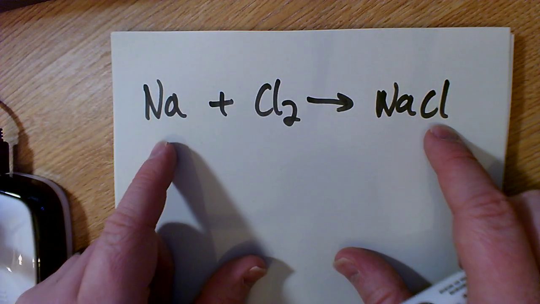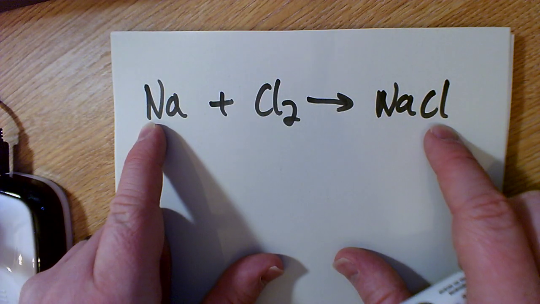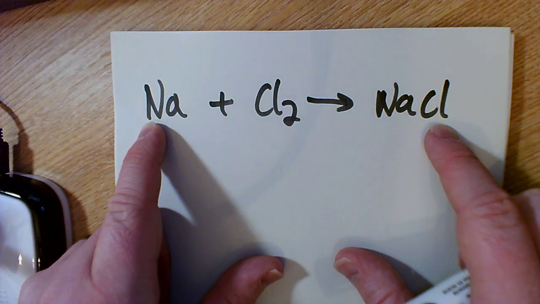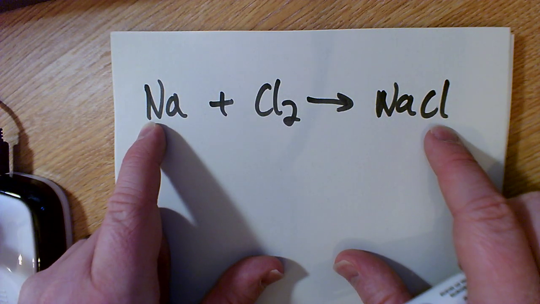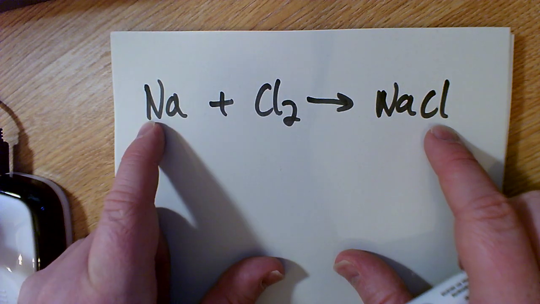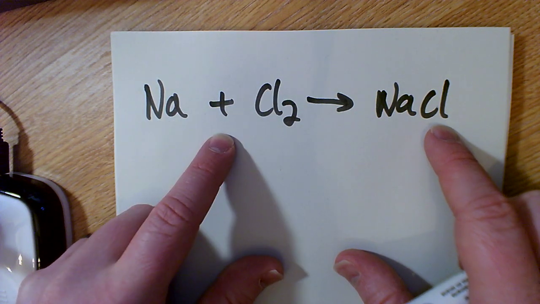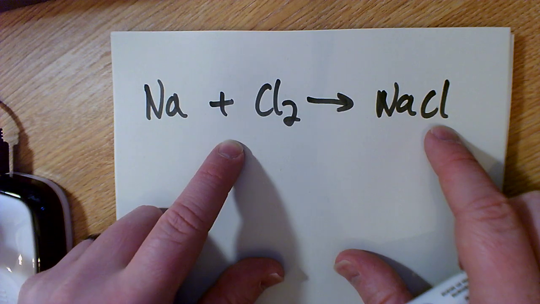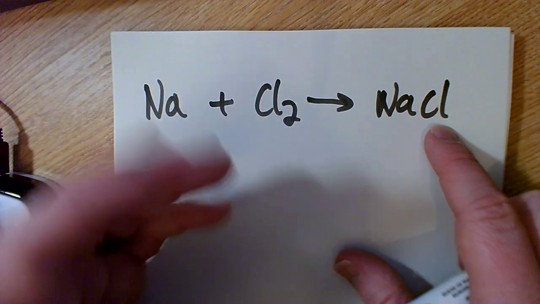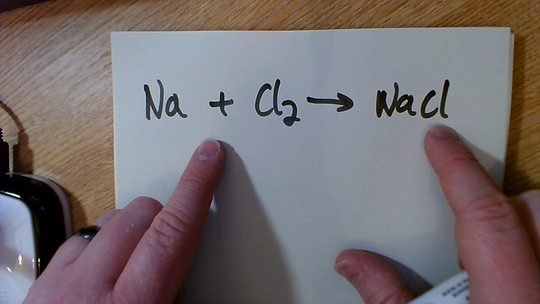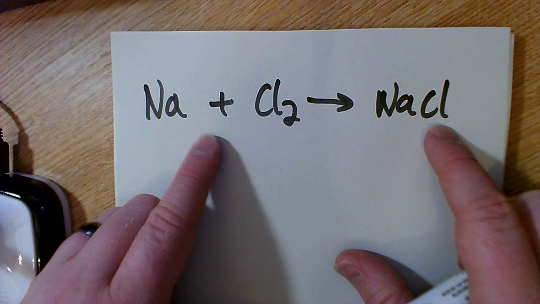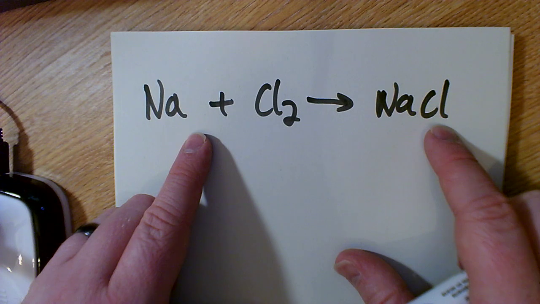And the way that we make sure it's nice and balanced is essentially by using stoichiometry, which is essentially multiplying up reactants and products using large numbers in order to create a nice balanced chemical equation.